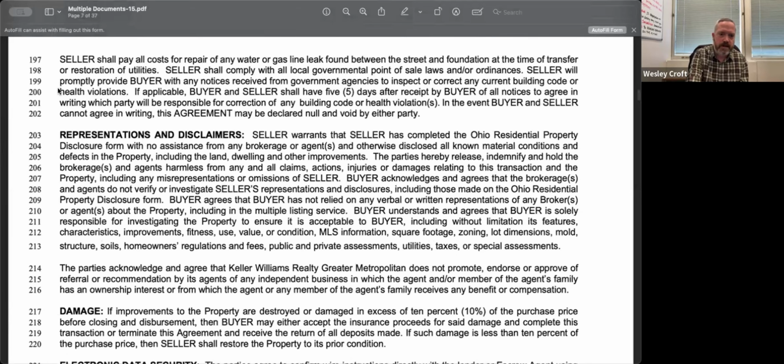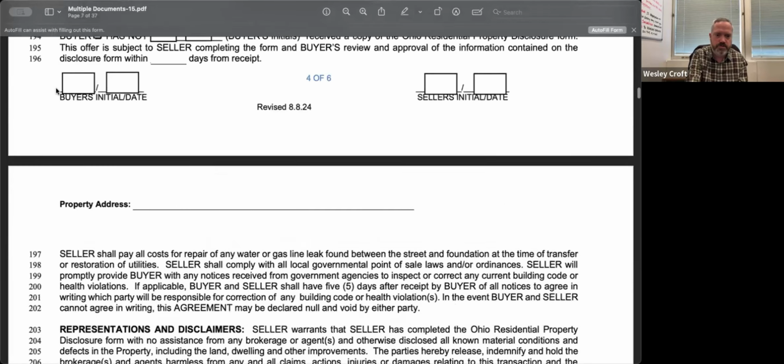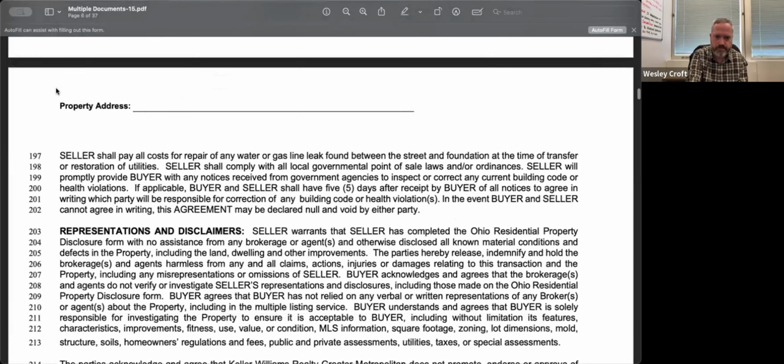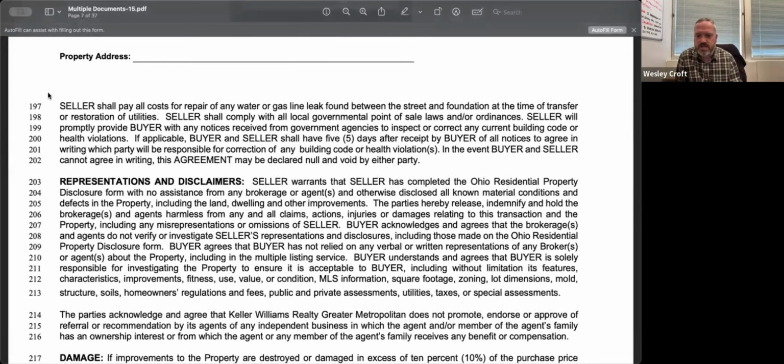Okay. Lines 197 to 202 are very, very important. Seller shall pay all costs for repair of any water or gas line leak found between the street and the foundation at the time of transfer or restoration of utilities. Not a lot of people know this, but from where your utilities tie in at the street to your property, that is your responsibility.